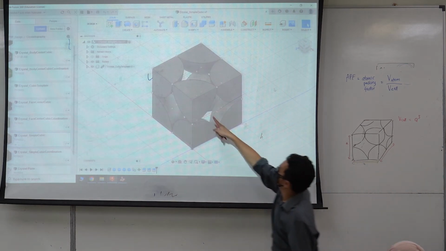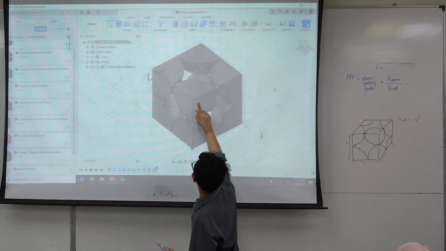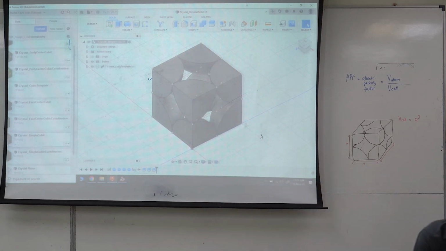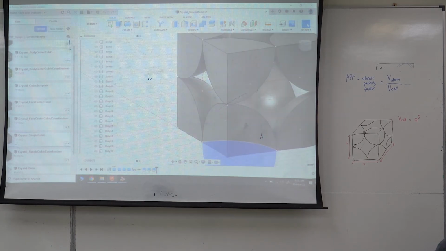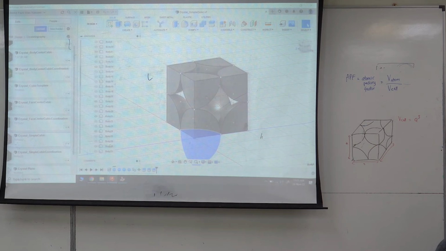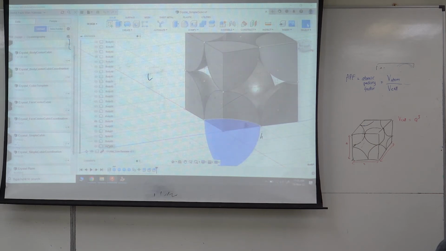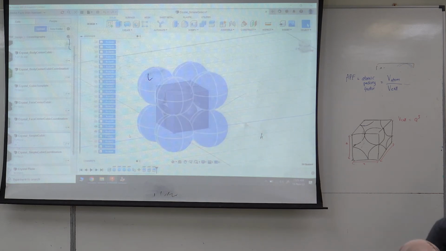Now, if you look at this atom, if I move it like this, it's basically something like that actually.